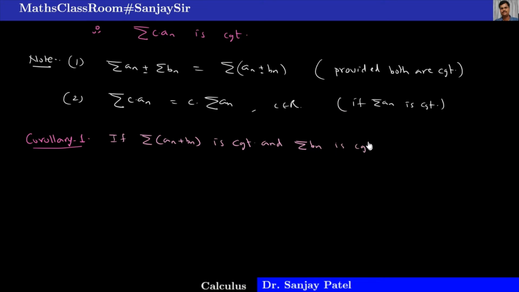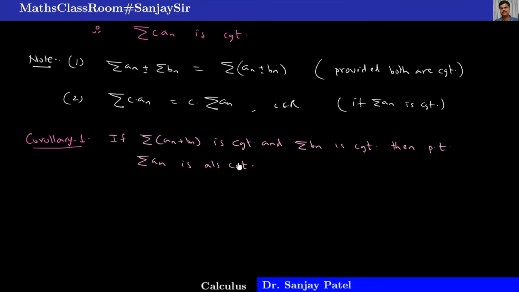If you know that one of these two series, sigma an or sigma bn, is convergent, then prove that sigma an is also convergent.